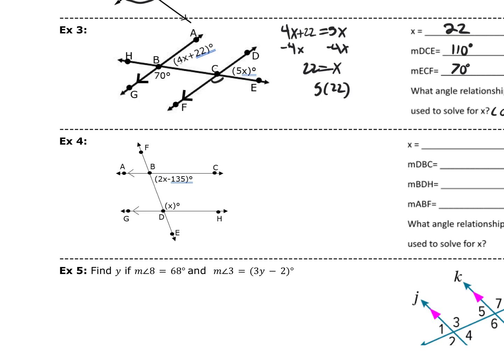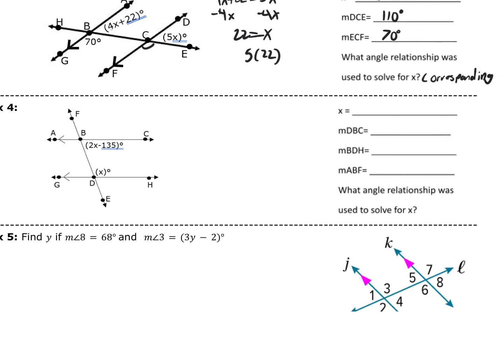All right, example 4, we have 2x minus 135, and we have x. All right, well, this time, the relationship that we have is not corresponding. Those are going to be consecutive interior, or same side interior. And I know that consecutive interior angles are supplementary.